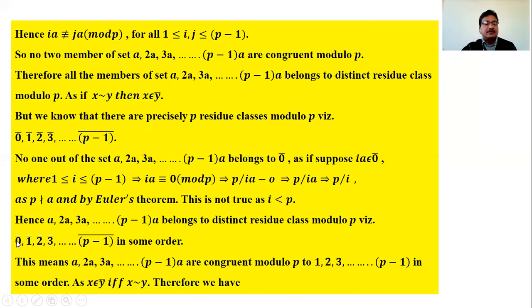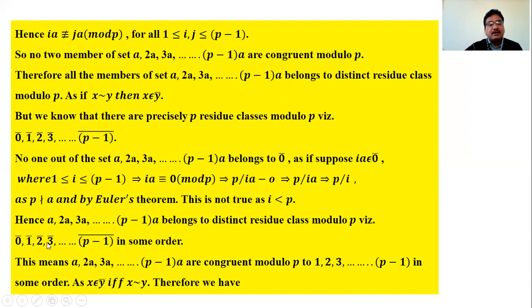Because no one belongs to the 0 bar, and all these members belong to distinct residue classes, this means A, 2A, 3A, up to P minus 1 times A are congruent modulo P to 1, 2, 3, up to P minus 1 in some order.